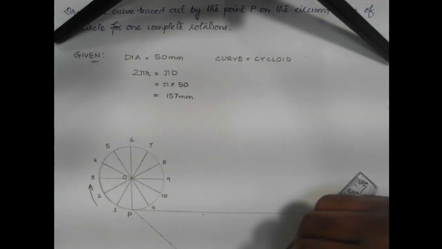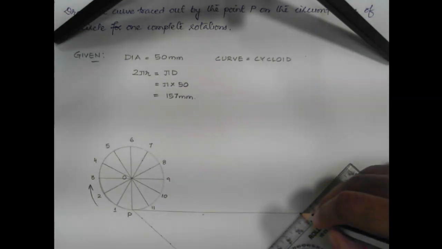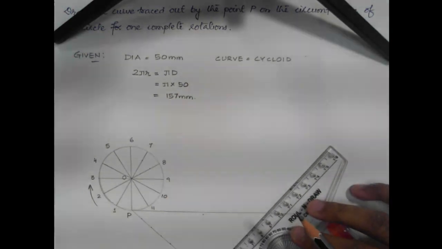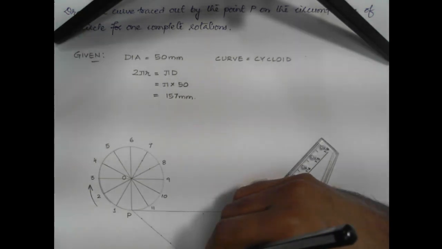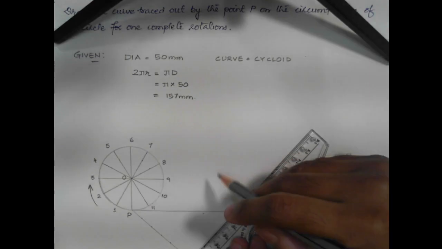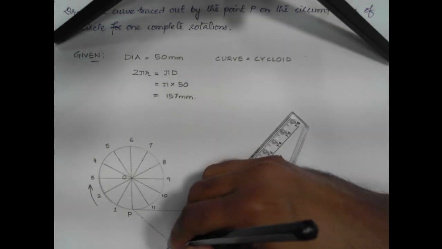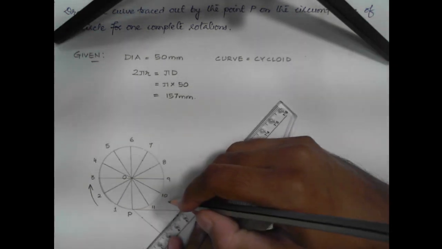Then I take the roller scale and go to the first point, second point, third, fourth, fifth, and so on to all the 12 points.